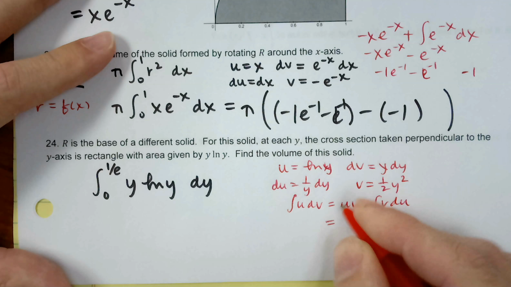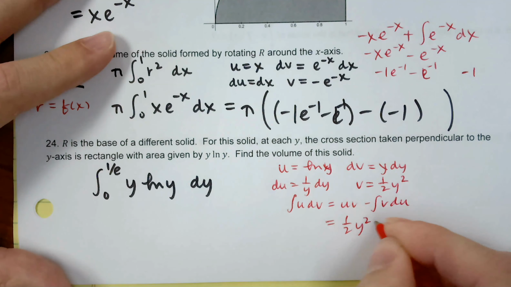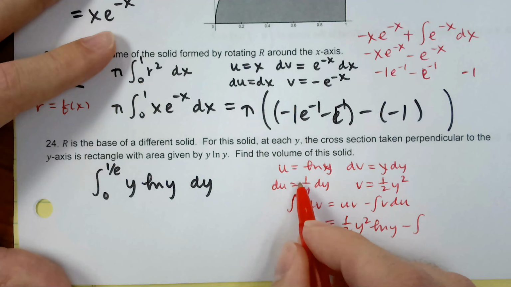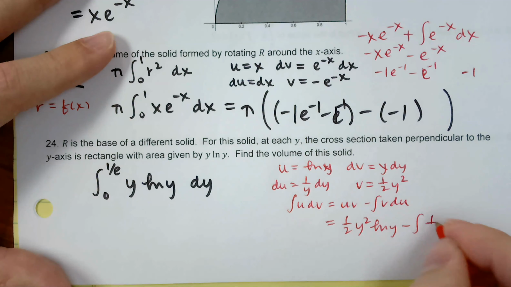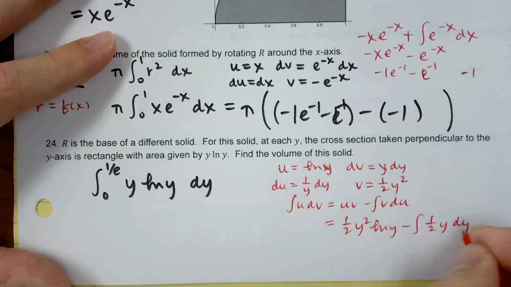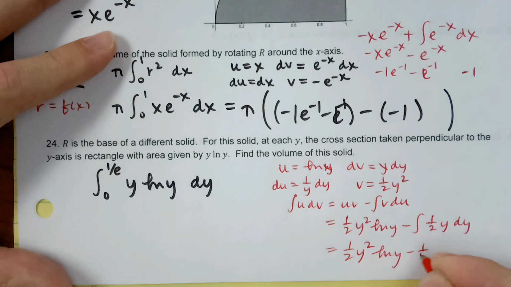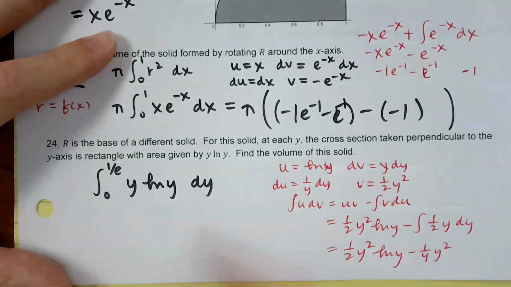Okay, so this is going to be 1/2 y squared log y minus the integral of v du, which is going to be 1/2 y. So 1/2 y squared log y minus 1/4 of y squared plus a C, which we won't need because we're computing a definite integral here.